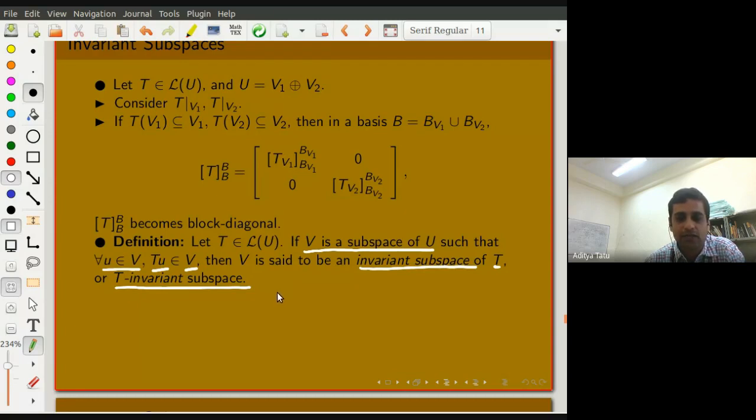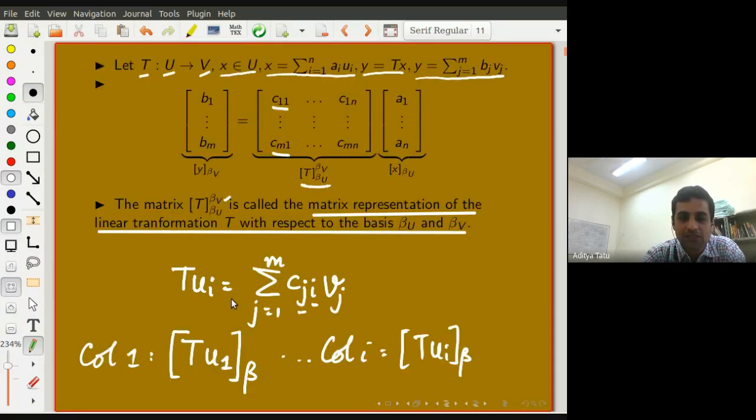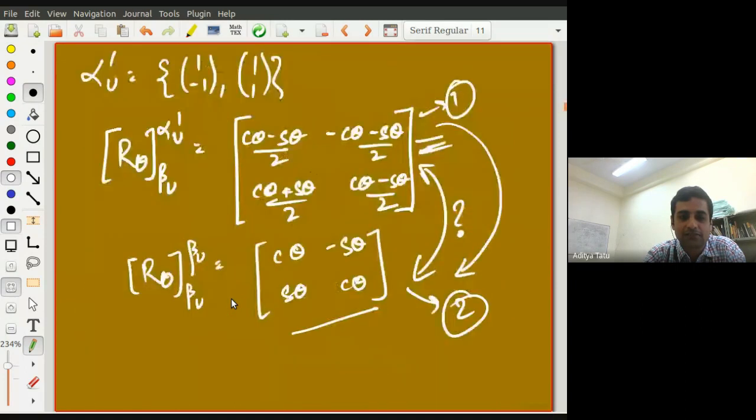Can you quickly think of examples? For any arbitrary linear transformation T, can you give me 2 invariant subspaces? Okay, I will not torture you more. Just give you the answer.